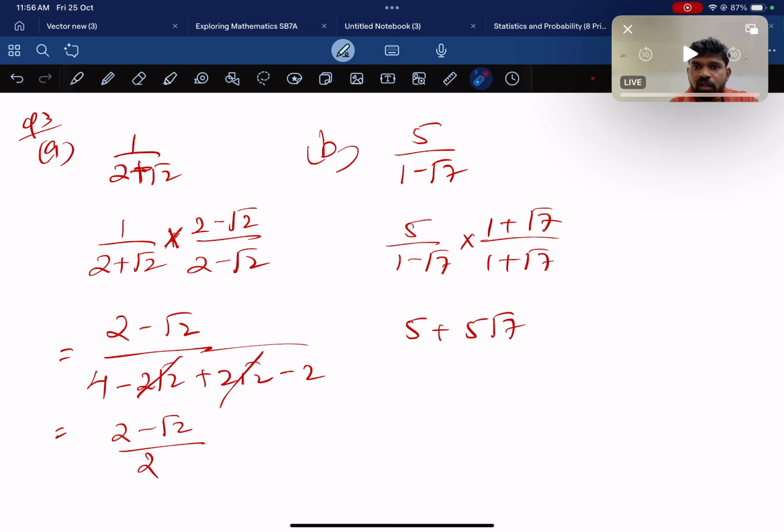How do I get it? 5 times 1 is 5, and 5 times root 7 is 5 root 7, divided by, here we use the same method, 1 times 1 and 1 times root 7 we are going to do.